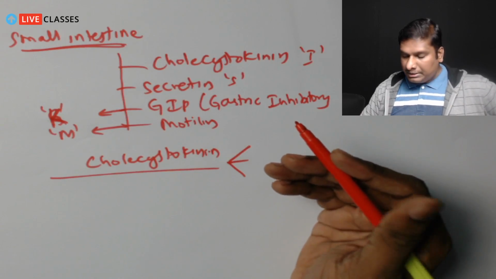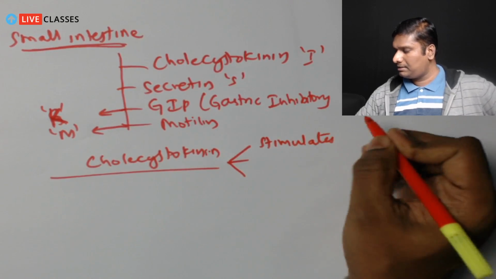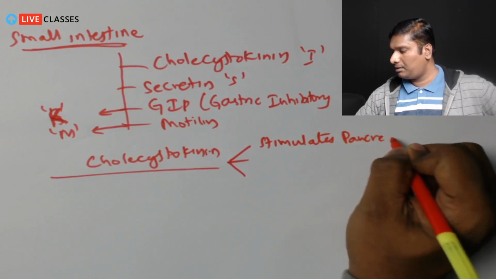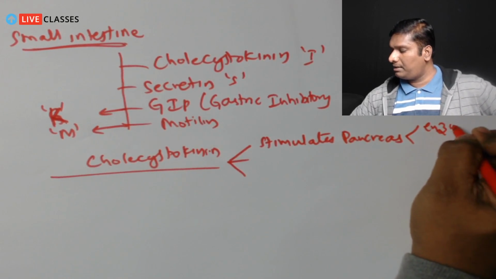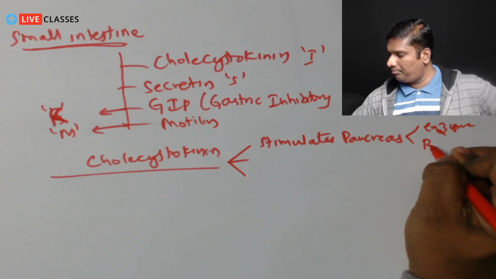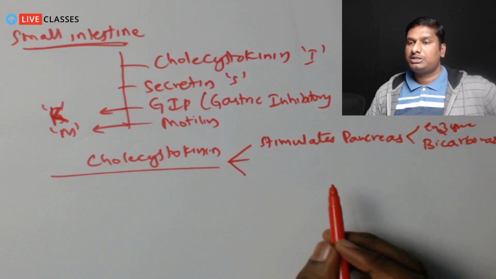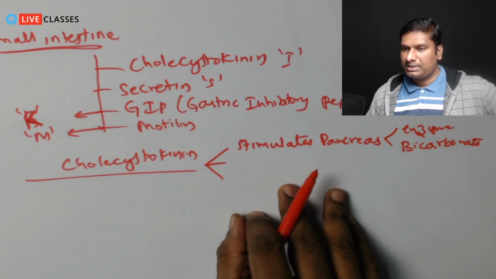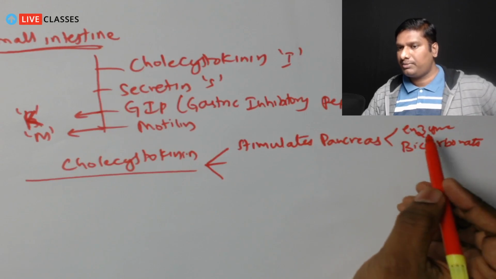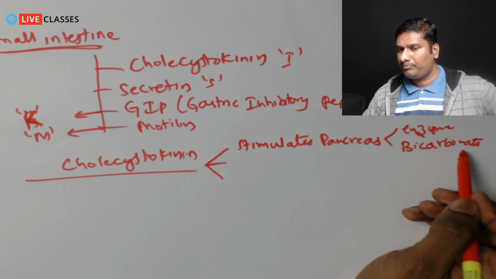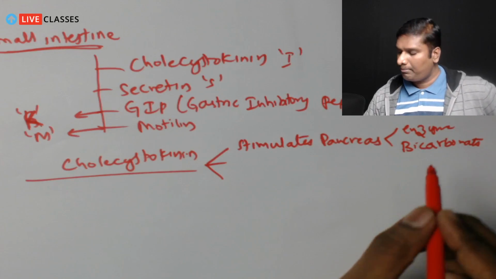So this cholecystokinin stimulates the pancreas so that the pancreas will now start secreting the enzymes and the bicarbonates, the various digestive enzymes which are produced by the pancreas.